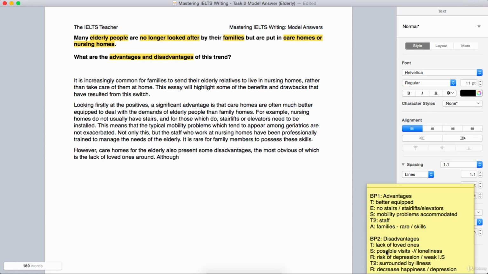And the dependent clause will contain this information about visits. So let's say something like, although it is possible for friends and relatives as well to visit nursing home residents. So instead of saying old people or their relatives, we can say nursing home residents. So we're not saying that they can't be around, we're saying that they can be. So there's that contrast. That's why we're introducing it this way.